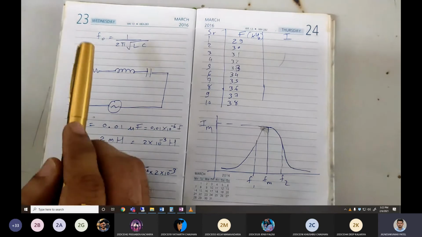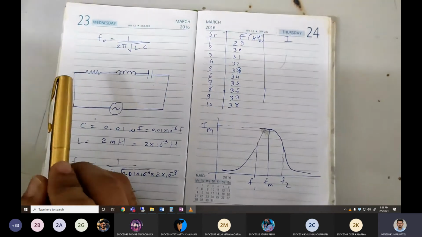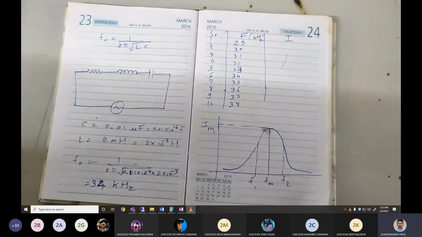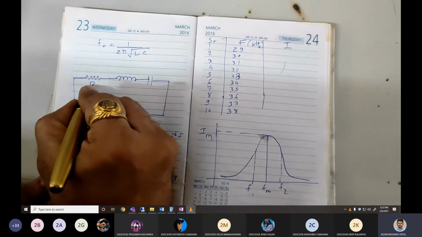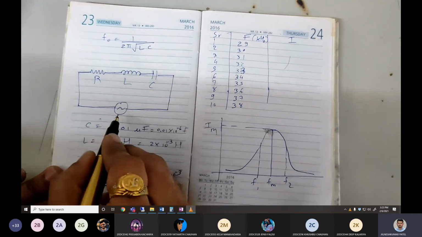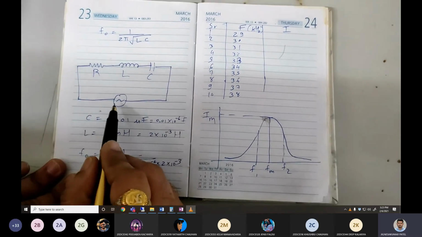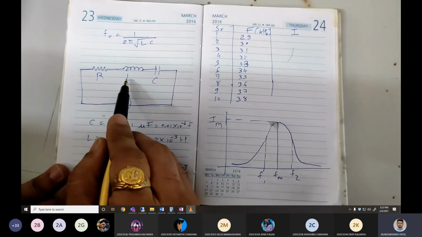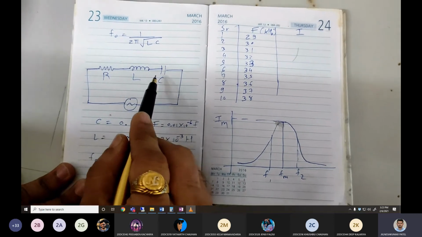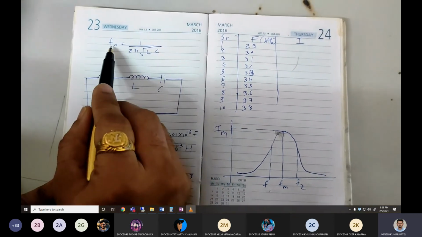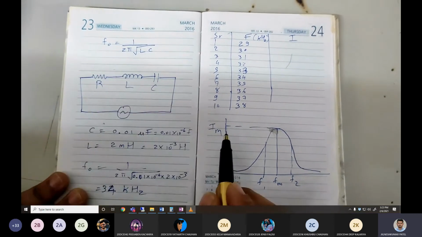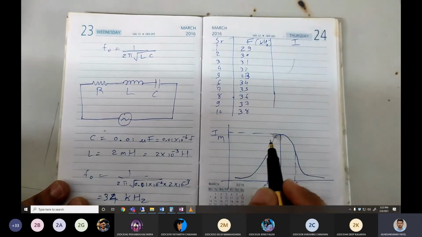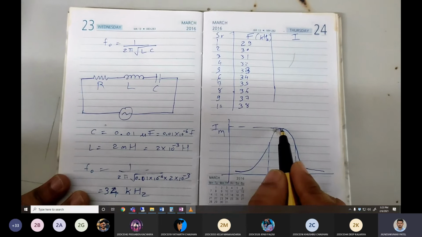Okay, welcome students. Now we will understand our next practical, which is the series RLC circuit. Here, if we put R, L and C in series and apply an alternating voltage, then based on the L and C values, at a certain frequency the value of the current I which we are going to measure will reach its maximum value.